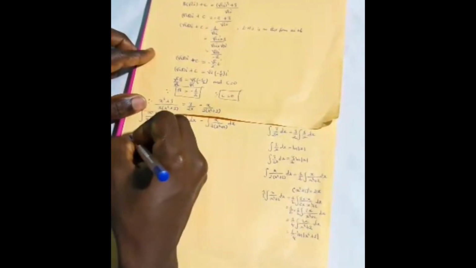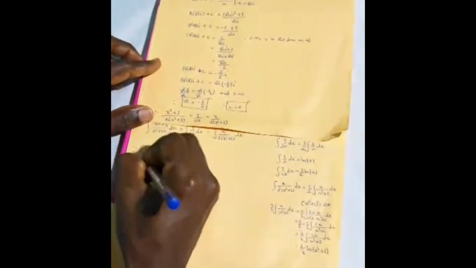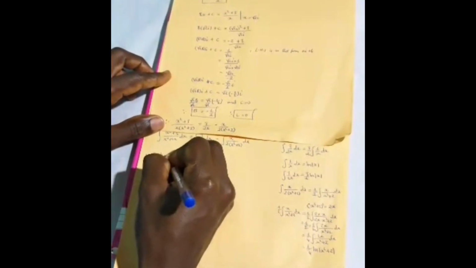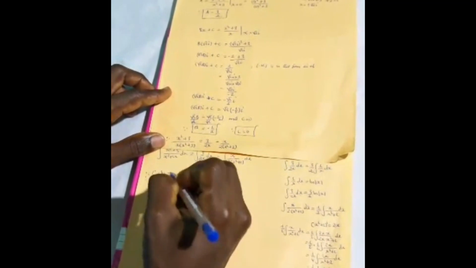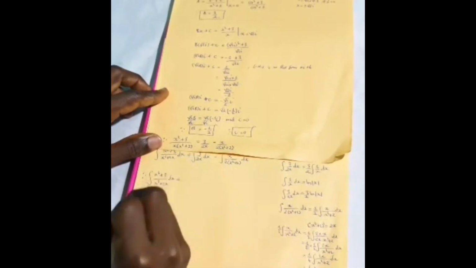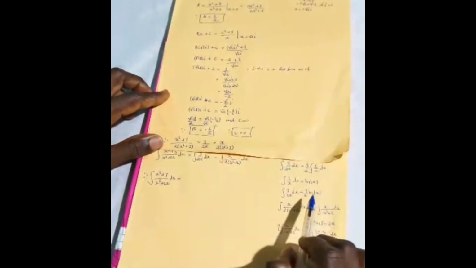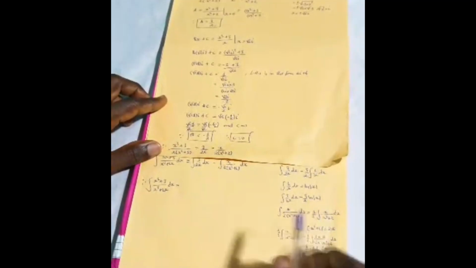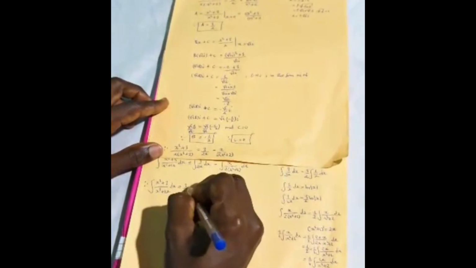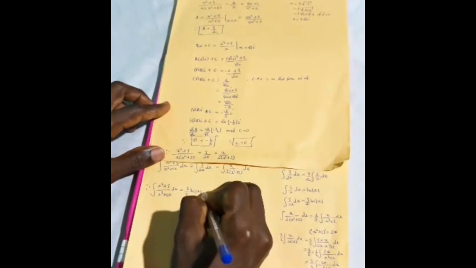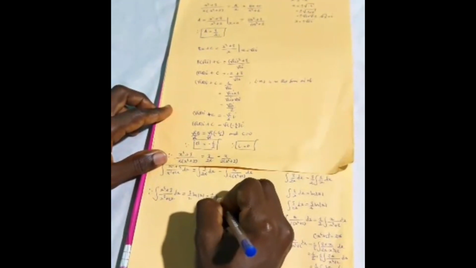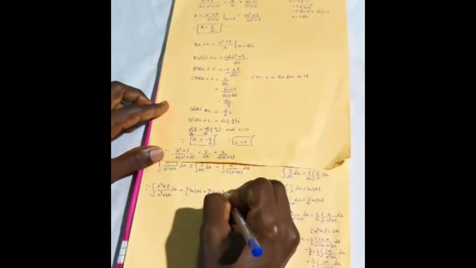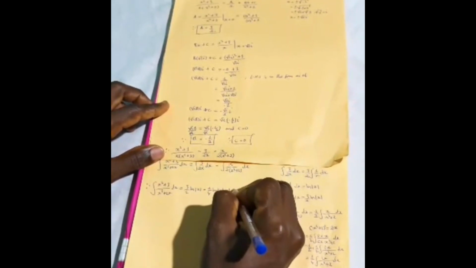So we have that, therefore, the integral of x squared plus 3 divided by x cubed plus 2x dx is equal to our first integral, which is 3 over 2 ln absolute value of x, minus 1/4 ln absolute value of x squared plus 2, plus some constant k, which is called the constant of integration.